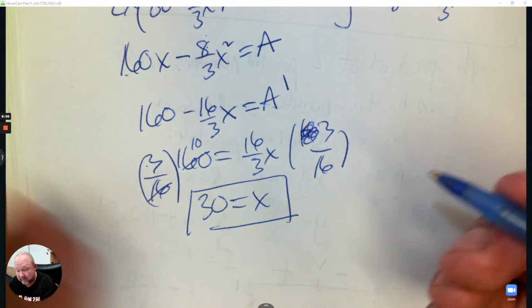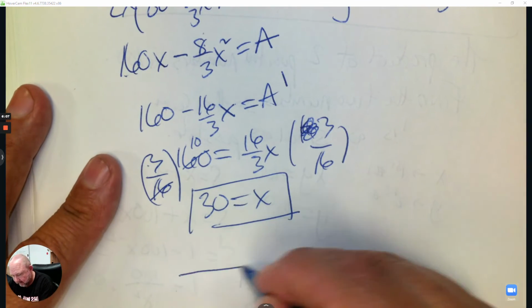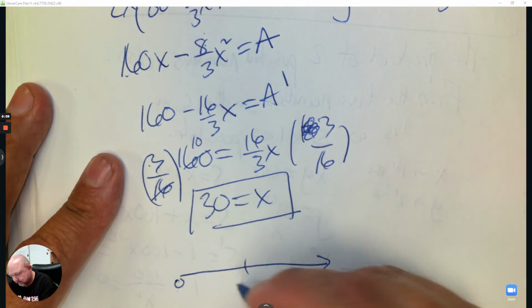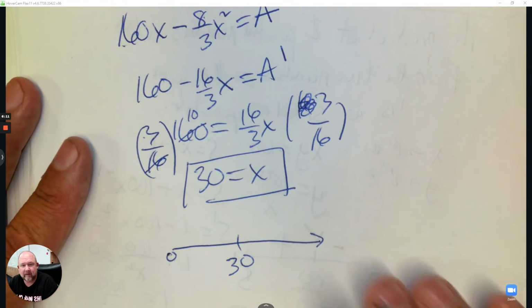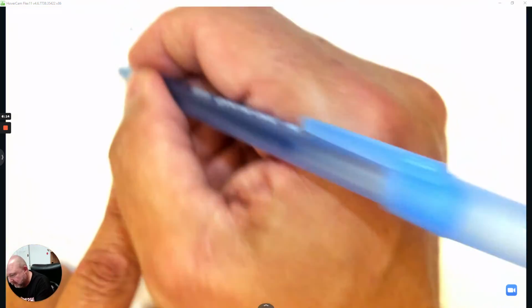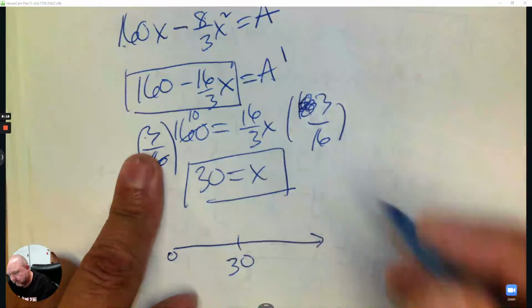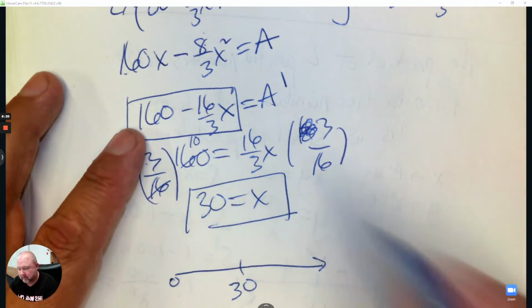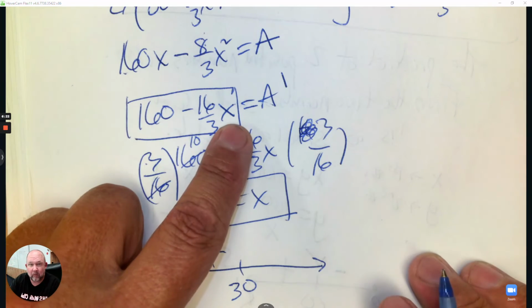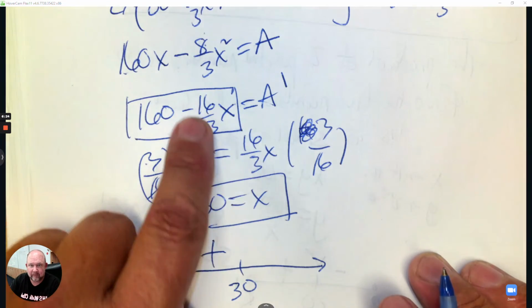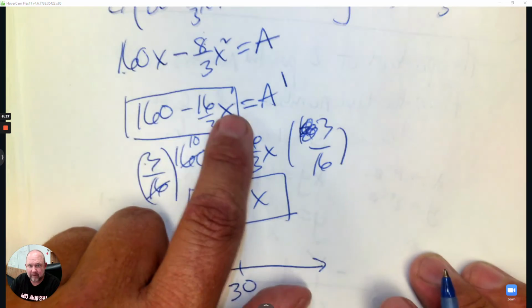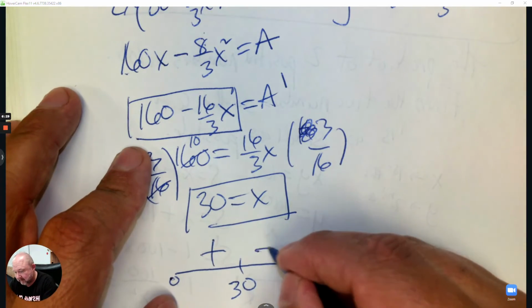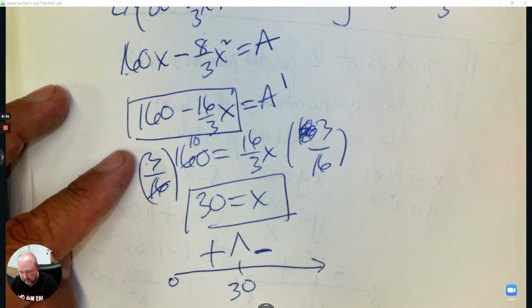And then I need to make sure that number is a maximum. So I'm going to draw a number line and plug into the derivative, which is right here. If you plug in positive 1, this answer is positive. If I plug in 40, this becomes a fraction that becomes bigger than 160. So it goes from positive to negative, which creates a maximum at 30.